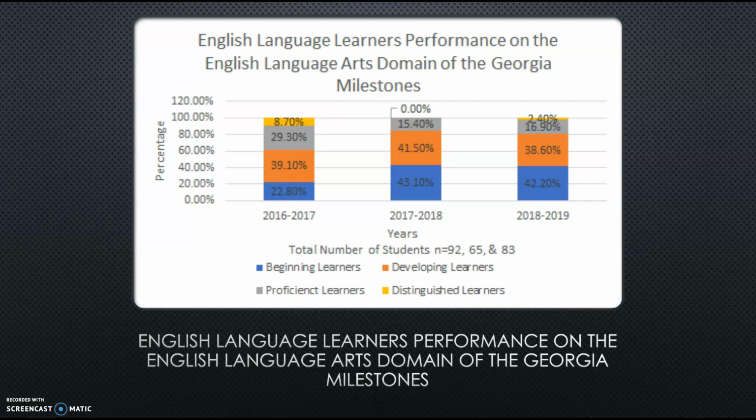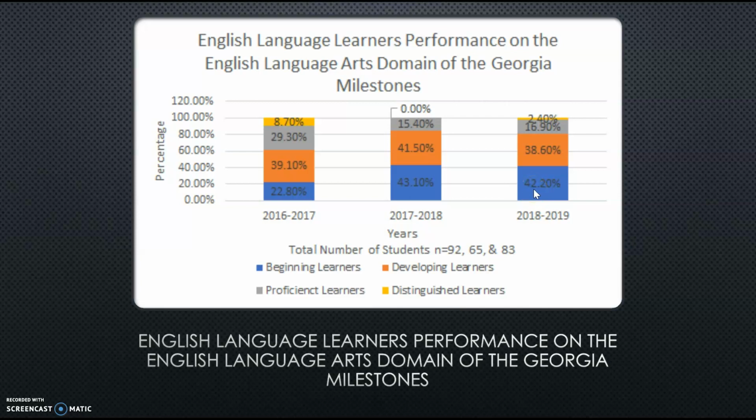Over the past 3 years, English language learners at Manning Oaks Elementary have increased in the number of students scoring in the beginning learners levels, as you can see here. The number jumped dramatically from 22.8% in 2016 to 2017 to 43.1% in 2017 to 2018, and then down slightly to 42.2% in 2018-2019.